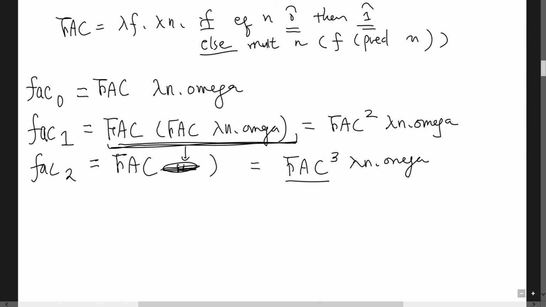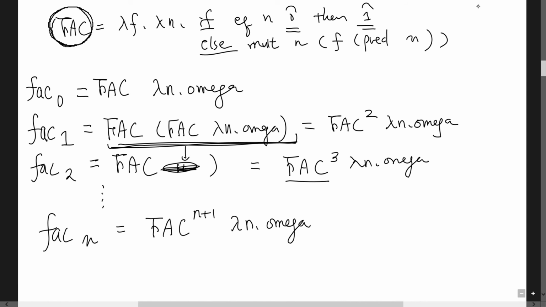So we get this pattern. If we have factorial n, it would be the capital factorial function applied n plus 1 times to lambda n dot omega, because every time you apply this capital factorial function, you improve the approximate implementation of a factorial function. So we have this equation.